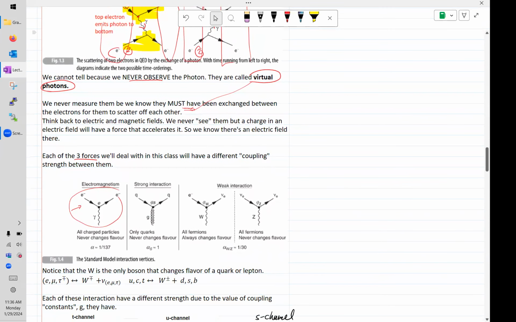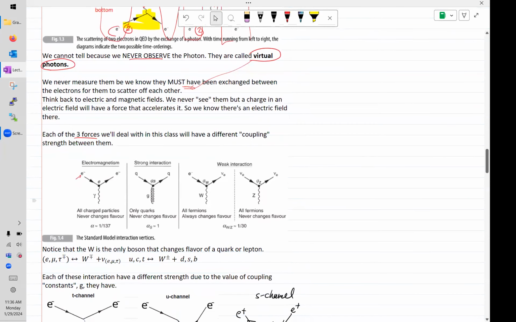Some of the rules that we use to make sure that people are clear what's being shown on these diagrams is that you have your particle that's coming in. An electron is a particle, not an antiparticle. We're going to try to figure out how to deal with antiparticles in a second. Electrons only interact electromagnetically and weakly, so we don't have to deal with the strong version of this. For the electromagnetic interaction, it's always going to emit a photon.